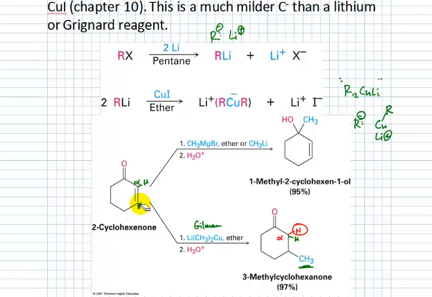If we do it with a strong carbon nucleophile, so Grignard or lithium, what we end up with is the product of 1,2 addition. This Grignard reaction happened just as if this double bond here didn't even exist.